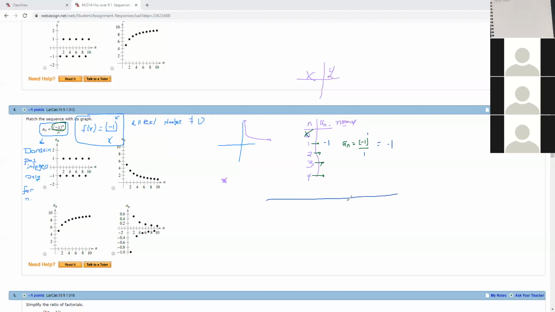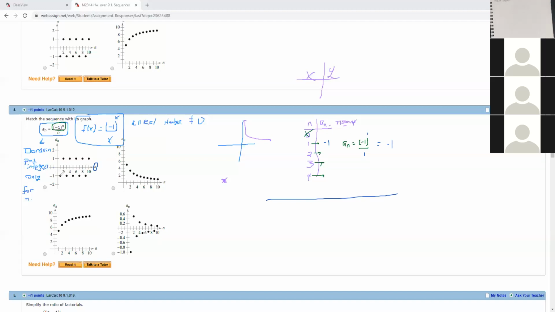And so forth. So we want to match this graph, but the first term is at domain value n. Notice there's an n instead of an x, and this is not a y-axis, but the a sub n axis, which is our range axis. Okay, so the first term has to be at n equals 1, which is right here, and the mapping is -1.